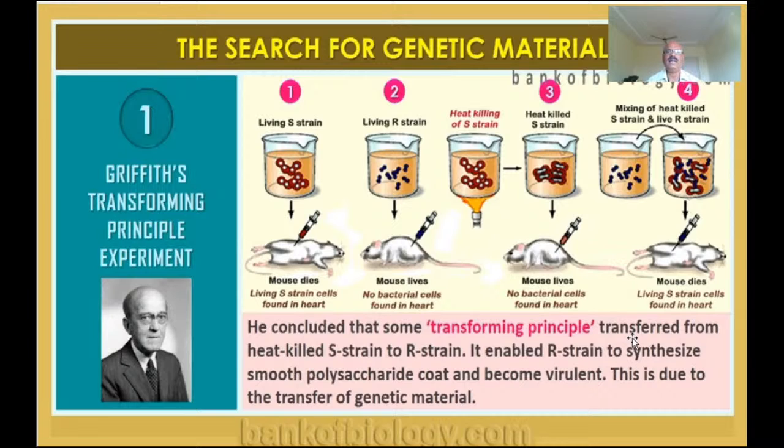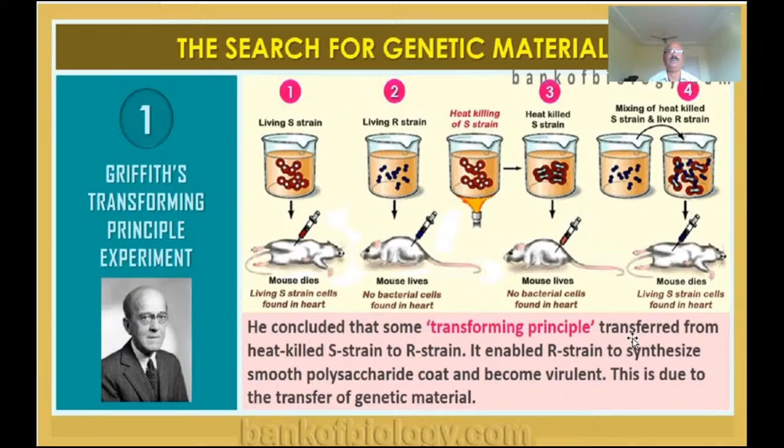It enabled the R strain to synthesize a smooth polysaccharide coat and become virulent. This is due to the transfer of genetic material. That's why this experiment is called a transformation experiment.